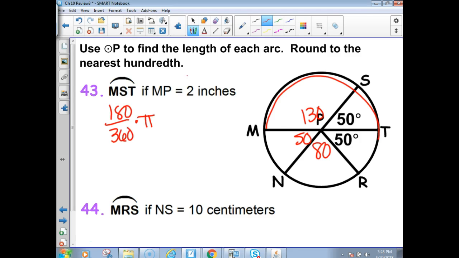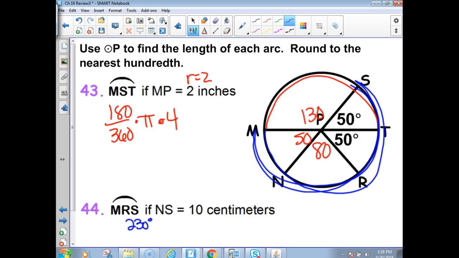MP is only a radius, so you'd need to put in 4 for diameter. And the last one, MRS, M to R to S, would be 180 plus 50, 230 degrees out of 360 times pi. And NS is a diameter, so you'd put in 10.